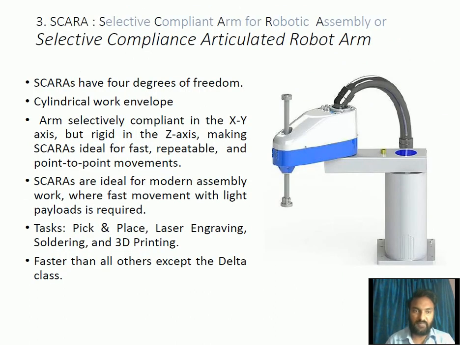Okay, next, SCARA, that is called selective compliant arm for robotic assembly or selective compliance articulated robot arm. There are two ways we can expand the acronym SCARA. It has 4 degrees of freedom.